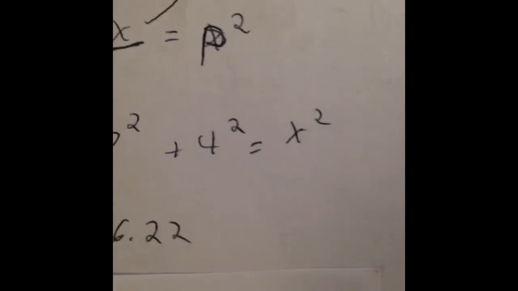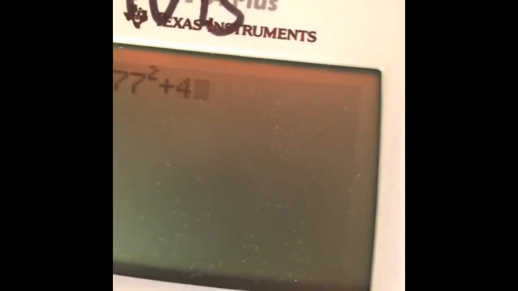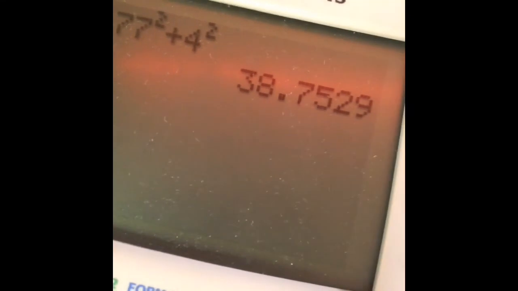Then I've already solved it, so it's 6.22, but again, let's just check that on the calculator. So 4.77 squared plus 4 squared, which is, again, right here, equals 38.75.